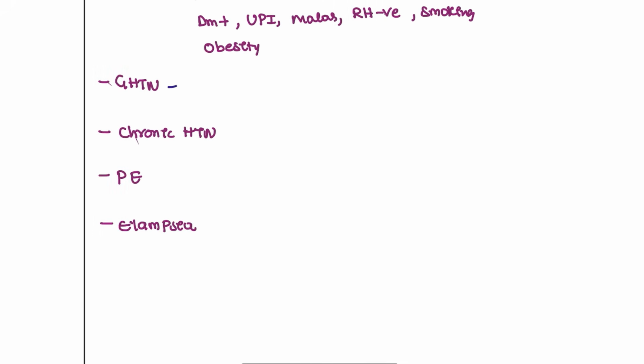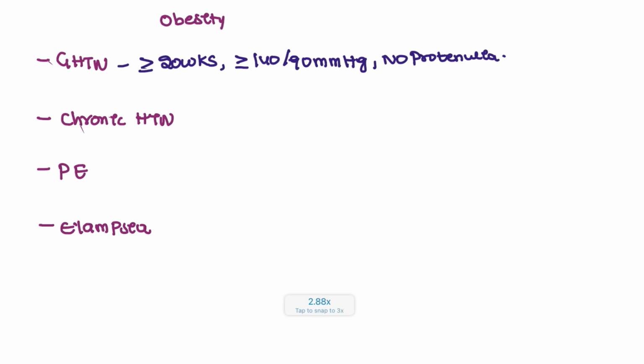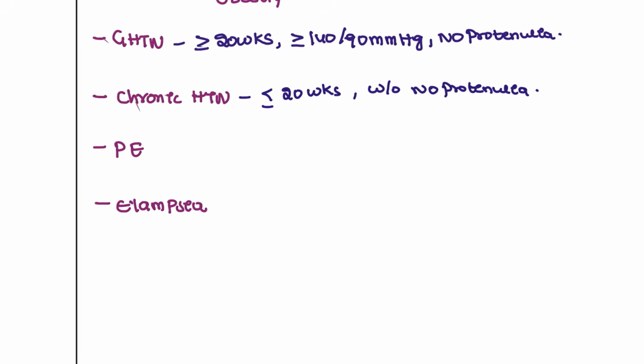Gestational hypertension is at more than or equal to 20 weeks, where the patient presents with BP of 140 by 90 mmHg or more and no proteinuria. This is the gestational type. Chronic hypertension is pre-gestational. She is already a hypertensive patient, without proteinuria, and has it from before. That is chronic hypertension.